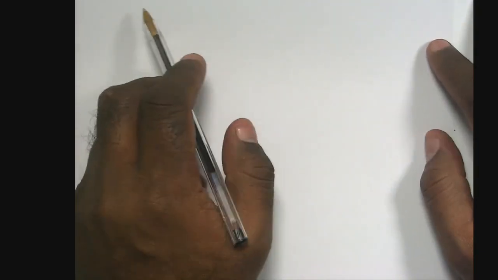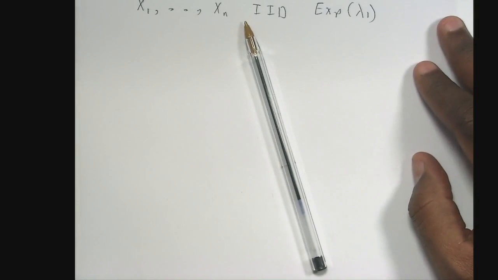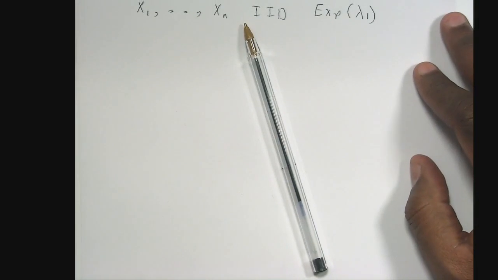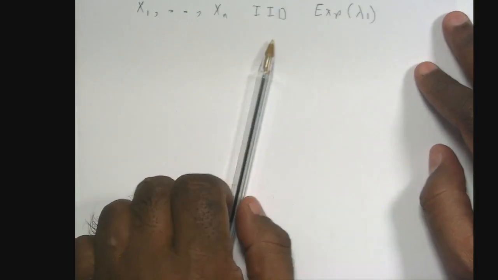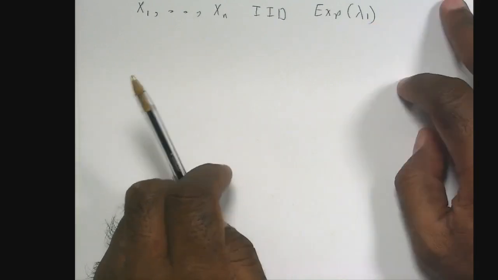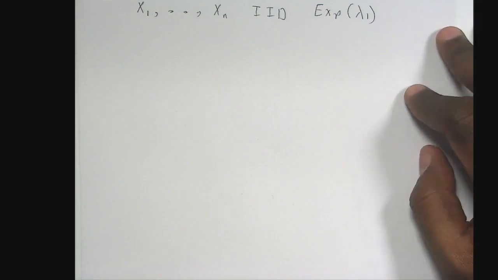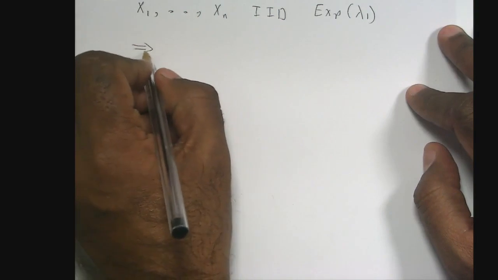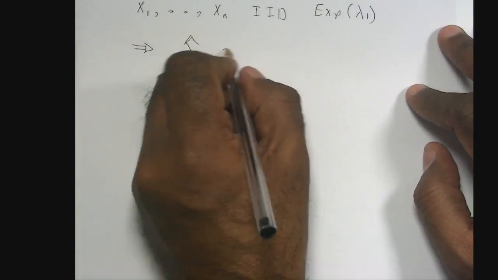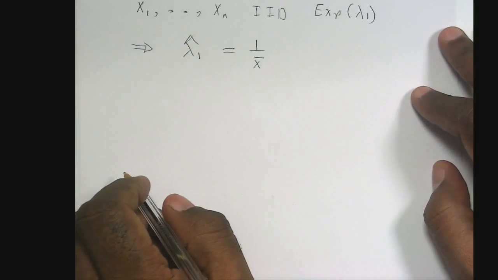There are many ways you can do this question. You probably remember that I did an example on the exponential distribution some time ago. Do you remember the MLE that I got for lambda? It was 1 over x bar. So this implies that the MLE for lambda 1 is 1 divided by the sample mean for the x's.